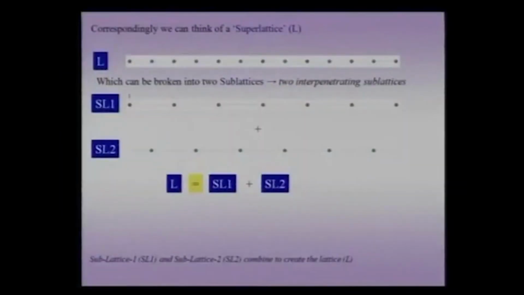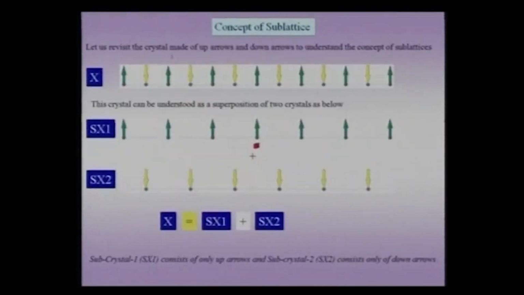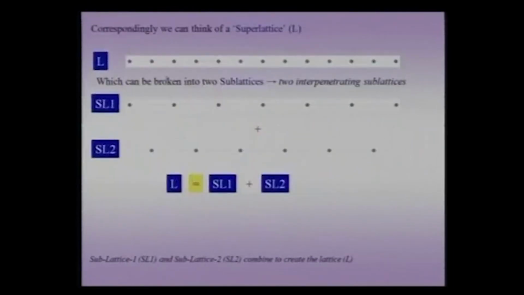Of course, you can clearly see that the origin of the brown lattice is shifted with respect to the origin of the blue lattice by this distance, which is half the lattice parameter of the original crystal. So if the lattice parameter of the original crystal is a, then the shift between the two sublattices is a/2.